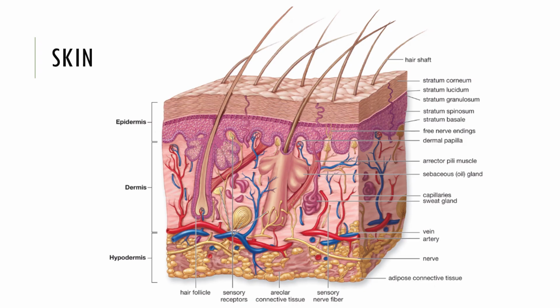And then we come to the stratum corneum. This is the outermost layer of dead keratinized cells, sometimes called horny cells. This is the layer that continuously sloughs off. The skin that sloughs off is dead.